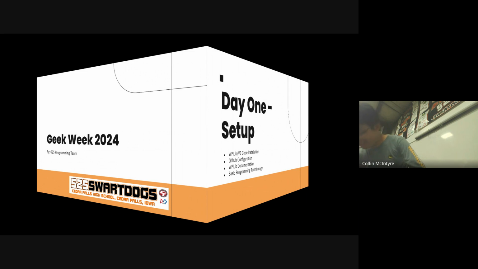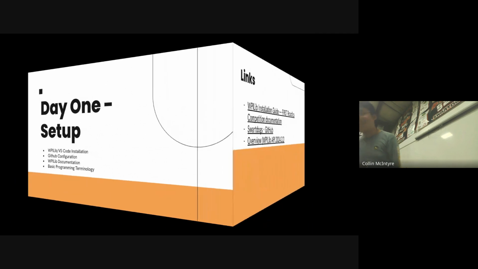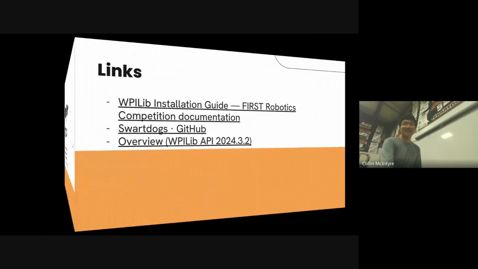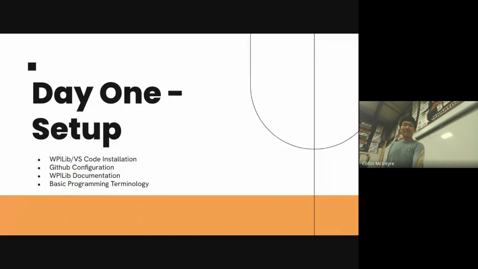It did freeze. There we go. We're so sorry, guys. We'll be going over GitHub stuff as well as all of the documentation, and if we have time, we'll go over some basic programming terminology for those who haven't programmed before.